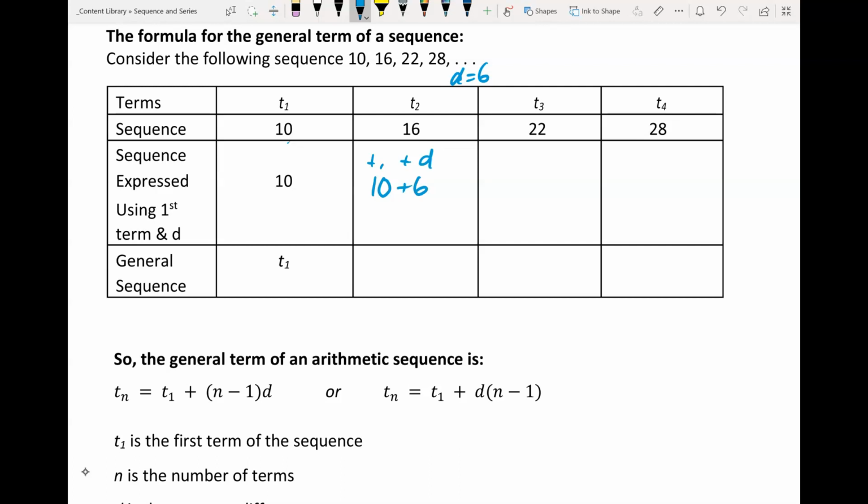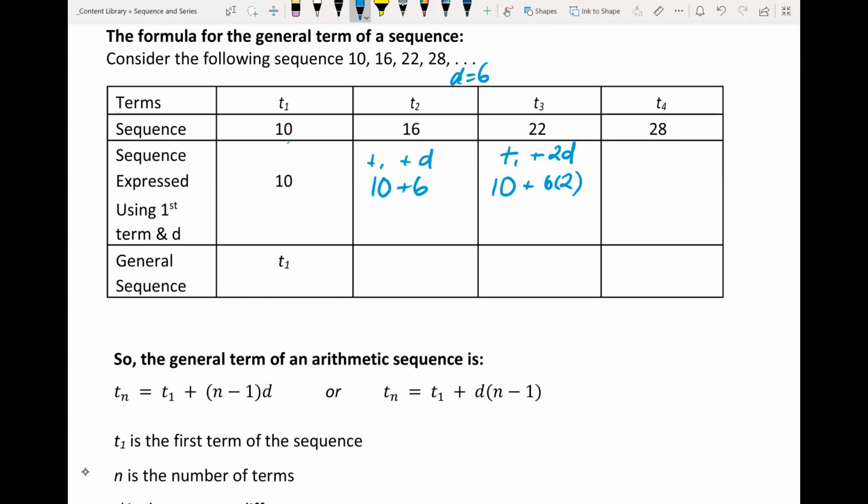Okay, and if I want to do the same sort of thing for T3, I would use 10. This would be the second term, but I need another 6 in order to get to 22, or in other words, 6 times 2. So the formula looks like this: T1 plus 2D.